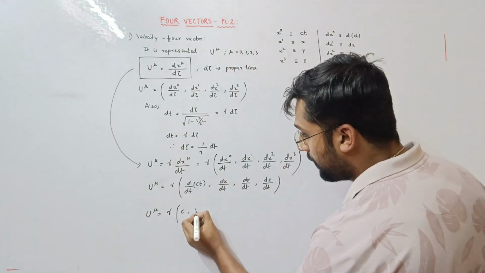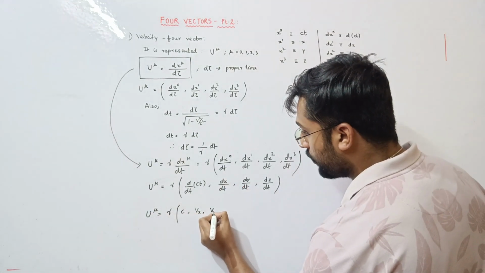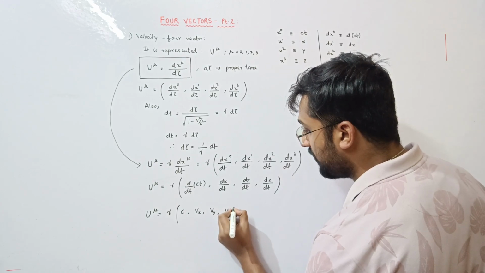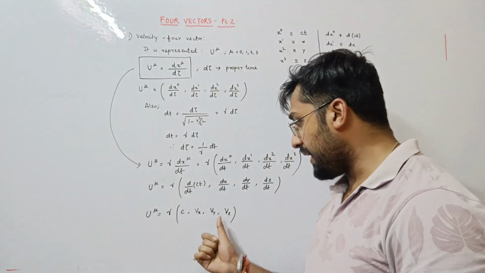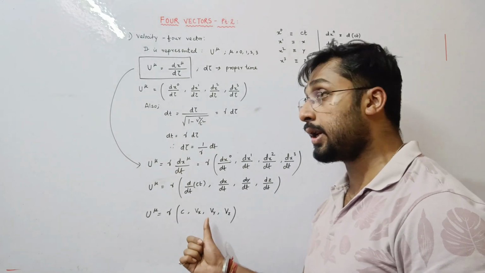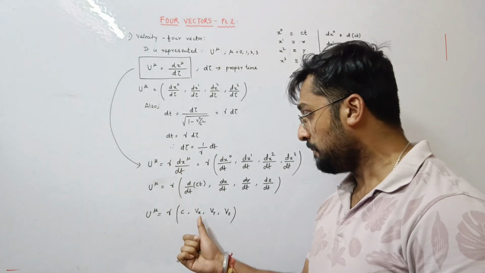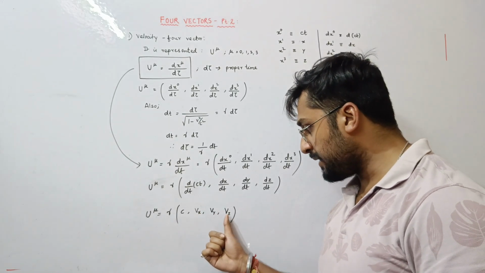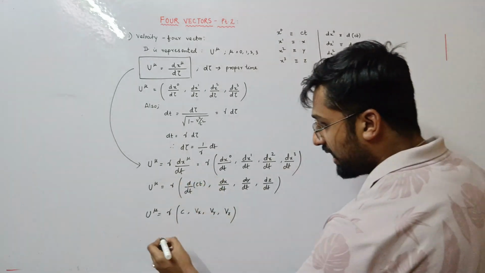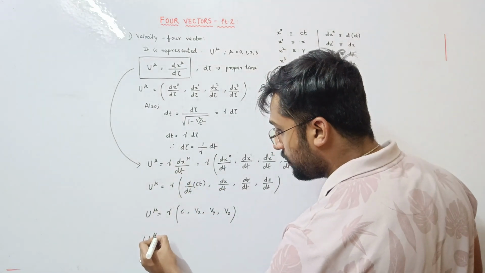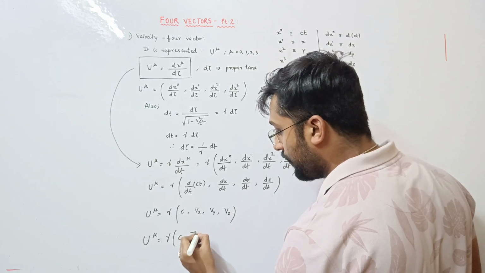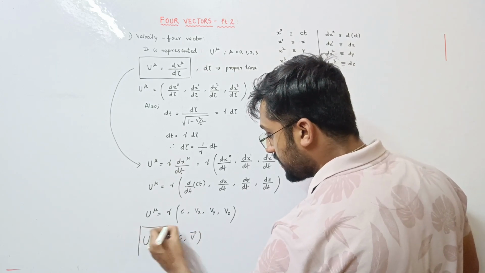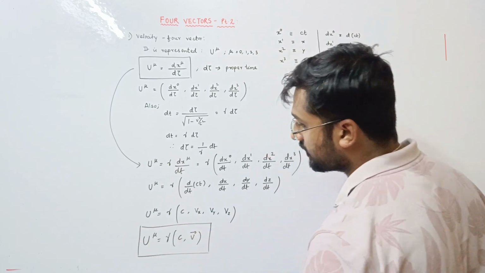So these would become Vx, Vy, and Vz, the three components of the velocity along the x, y and z axes. So now we can also write u mu as gamma c comma v vector. So this is the four-velocity.